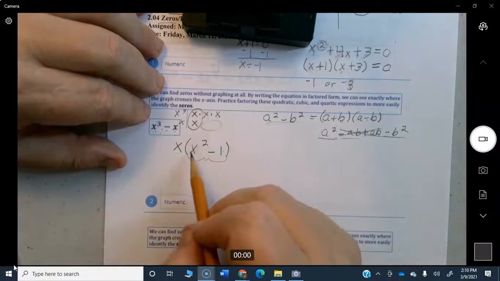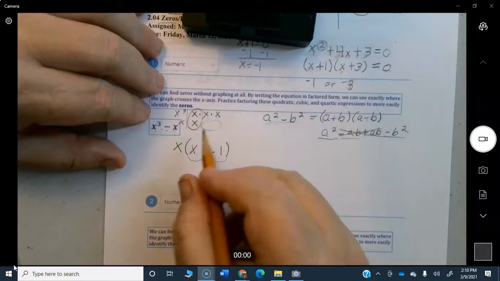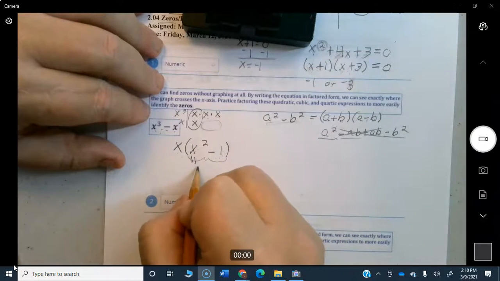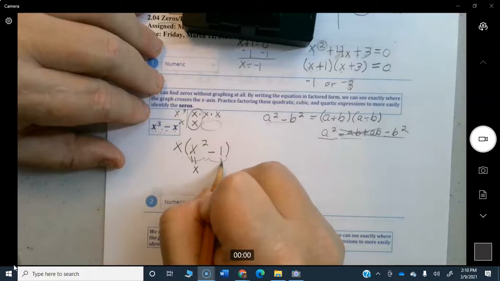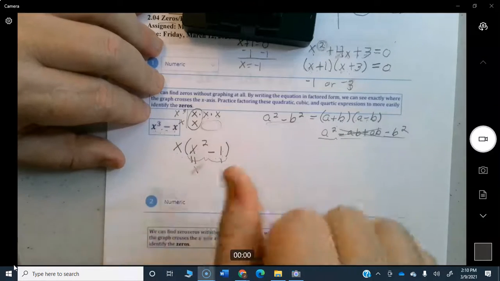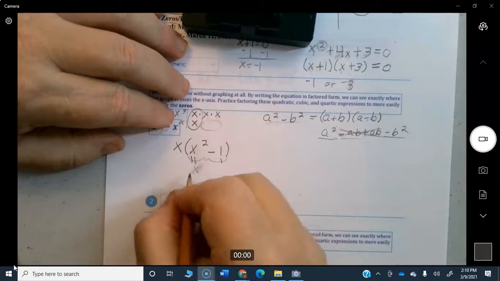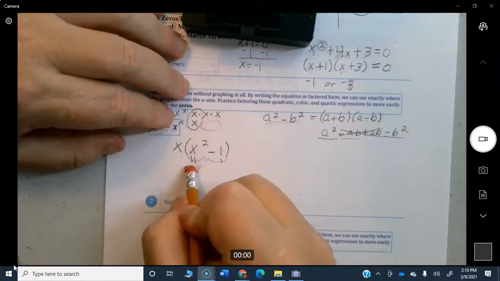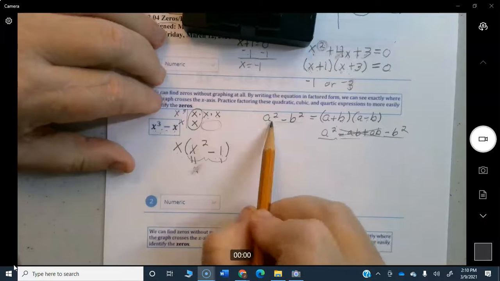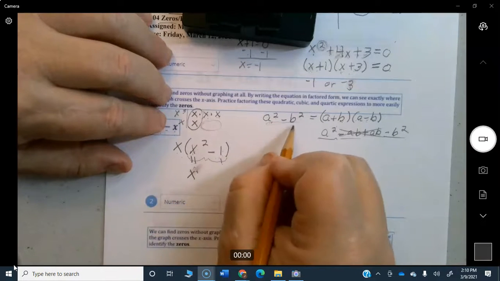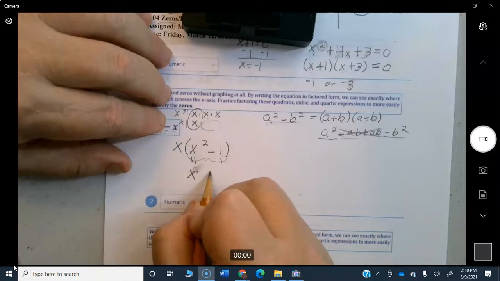So you've got to figure out what's your a and what's your b here. Well, the a is going to be x, and the b in this is going to be 1.